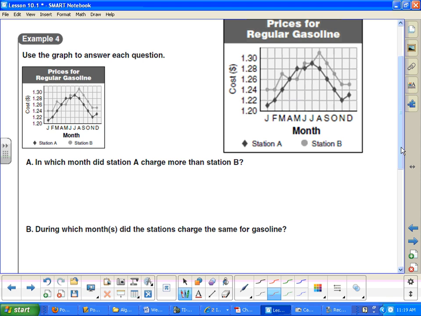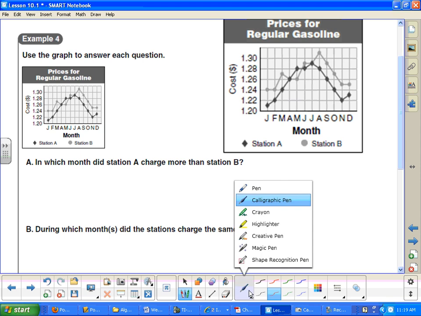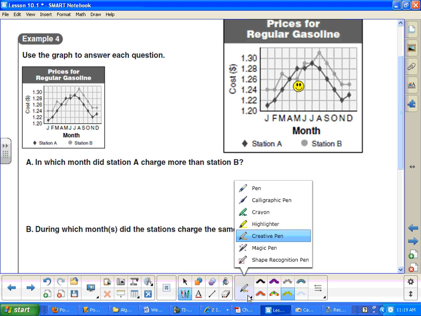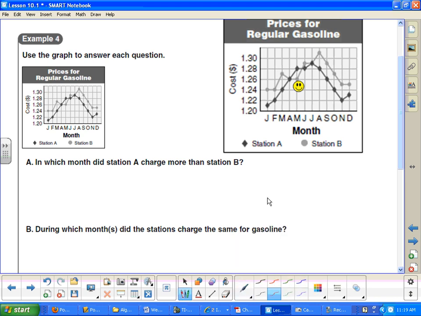So we follow the black, it's lower here. Lower, lower, lower. Looks like it's the same. Oh, there it's higher, isn't it? What month is that? May. All right, so during the month of May, station A was higher.